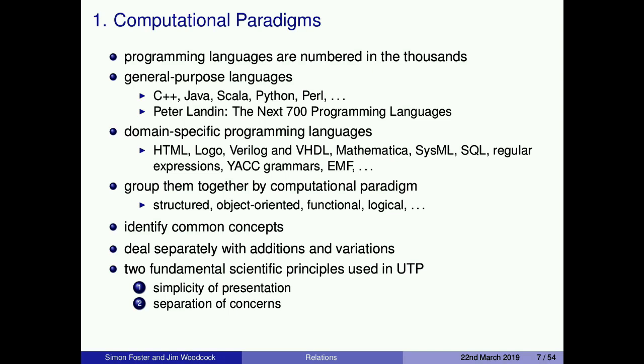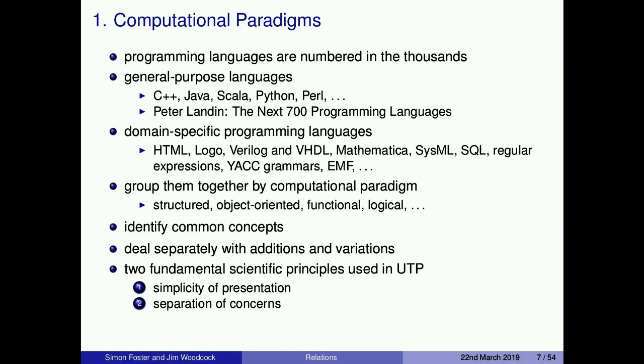So how do we make sense of all of these languages? How do we think about the relationships between them? One way that UTP proposes is by considering these different computational paradigms: identify the common concepts that are present in these languages and deal separately with additions and variations. So really trying to see where one idea is present in several languages and then use those ideas to link the languages together.